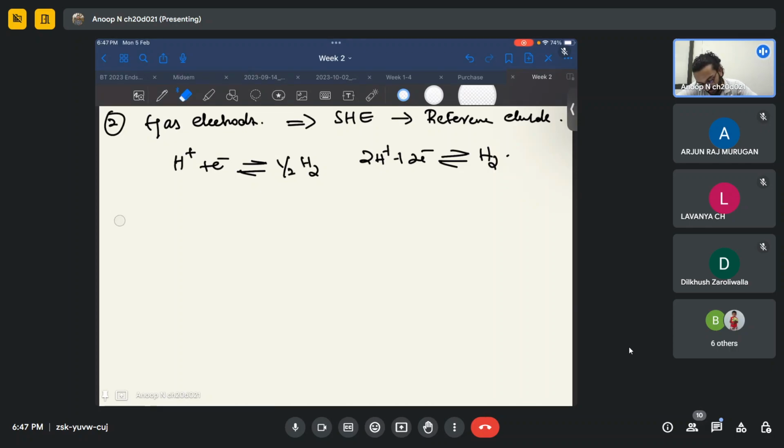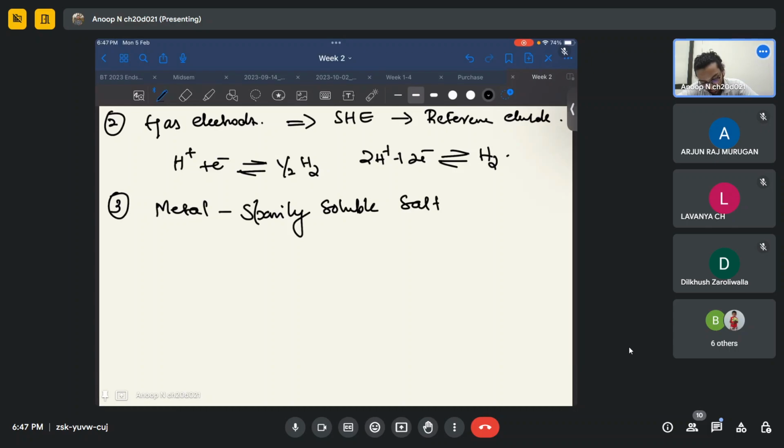So the third type of electrodes will be the metal sparingly soluble salt electrode. What's the example? Ag|AgCl, KCl aqueous.